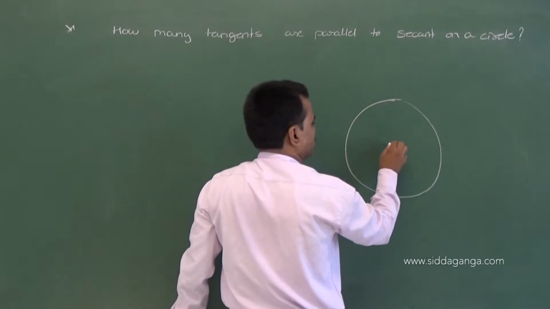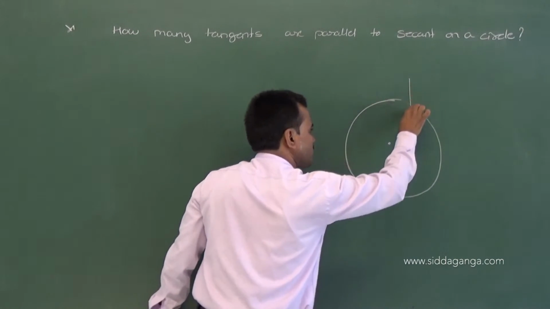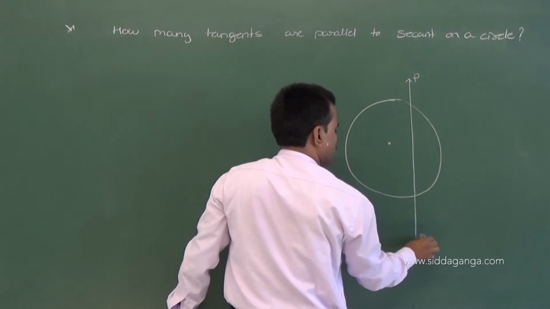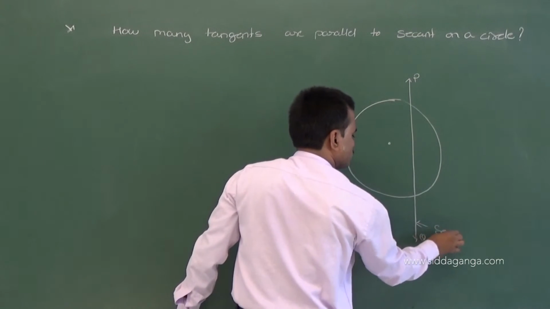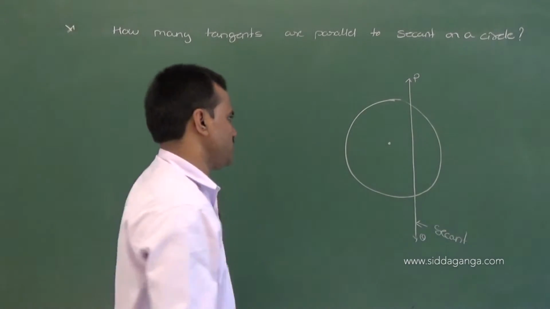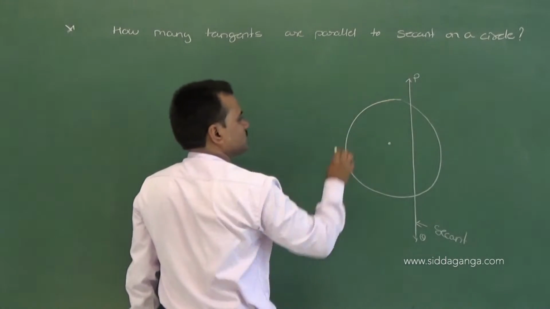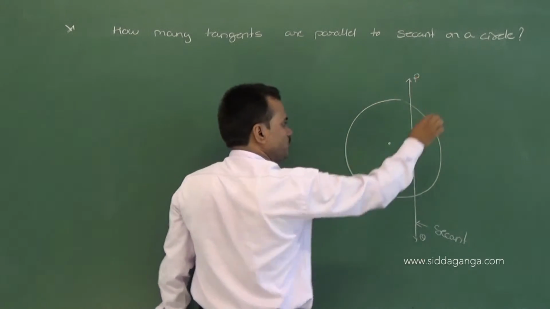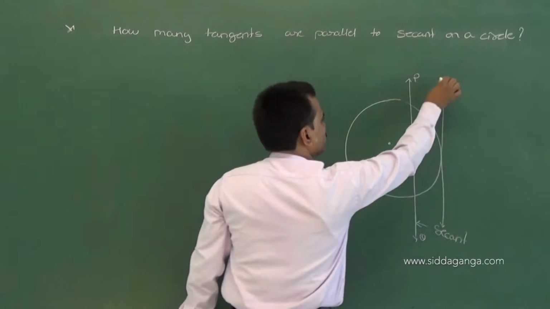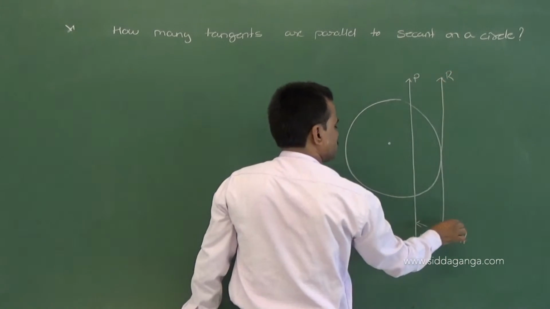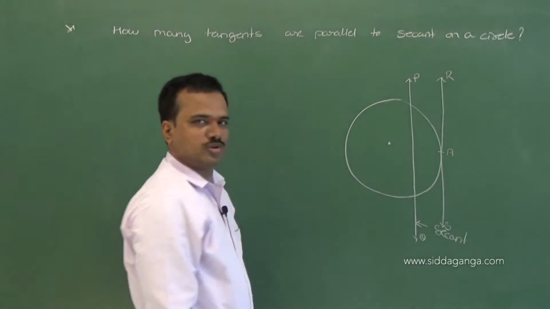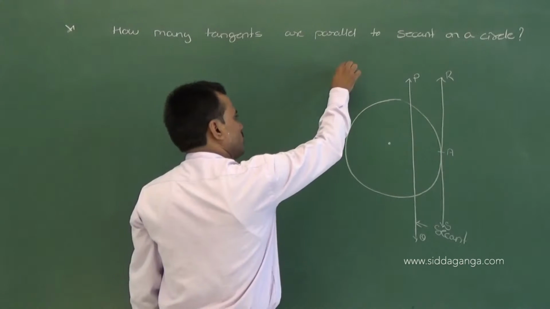We draw a secant. This PQ is nothing but a secant. Then the possible tangents parallel to PQ: the first one, RS. This is a tangent meeting the circle at a point A. No doubt, RS is parallel to PQ.